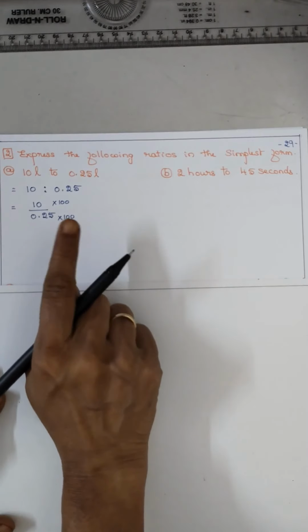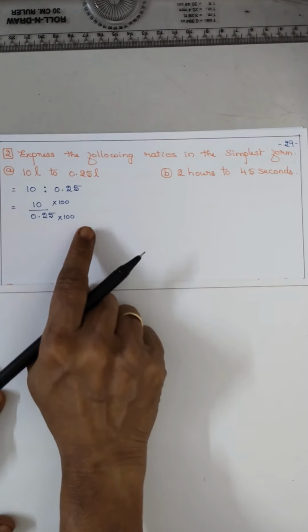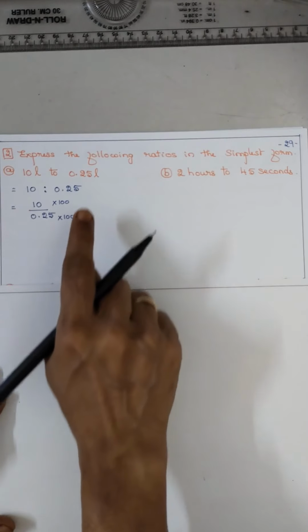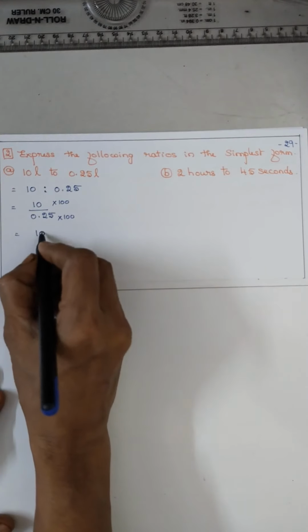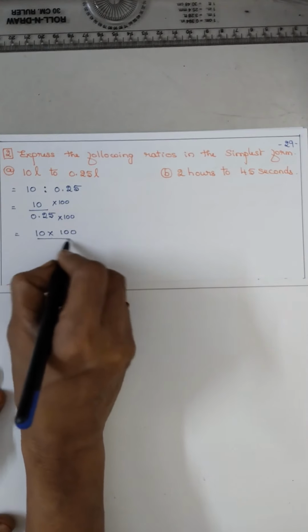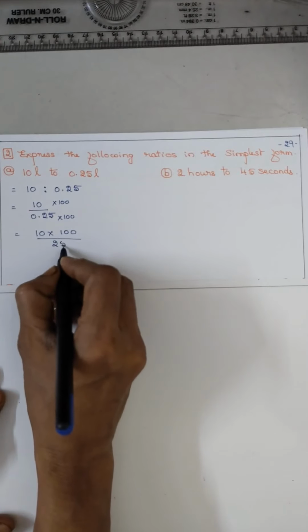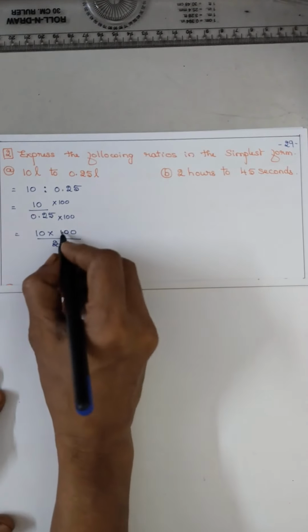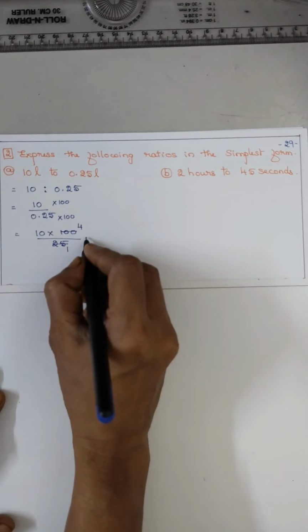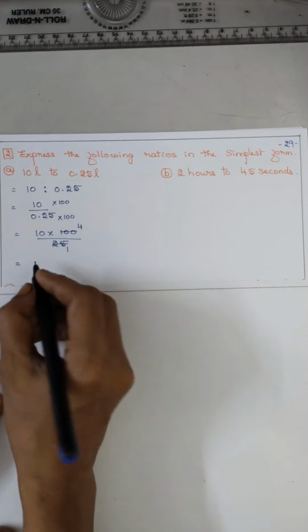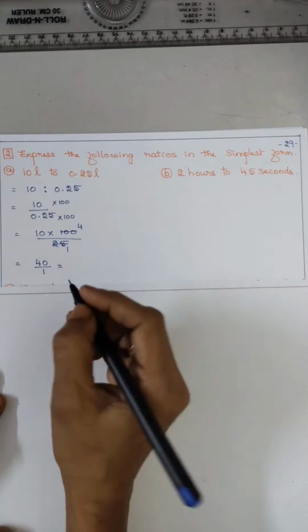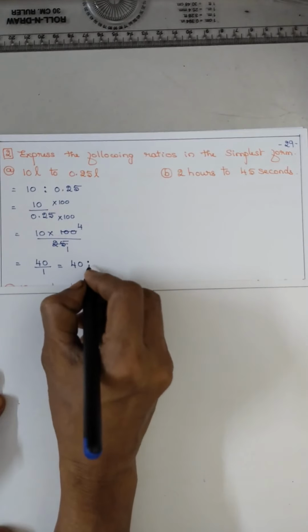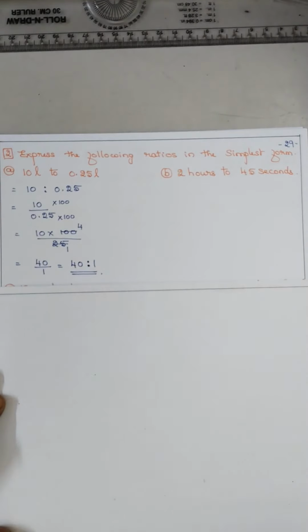If it is 2 decimals, multiply by 100. And you have to multiply both numerator and denominator. Now it is 10 into 100 upon 25. 25 ones are 25, 25 fours are 100. So you get 4 tens are 40 upon 1. So the ratio will be 40:1. This is in the simplest form.